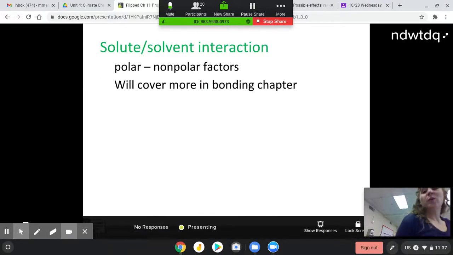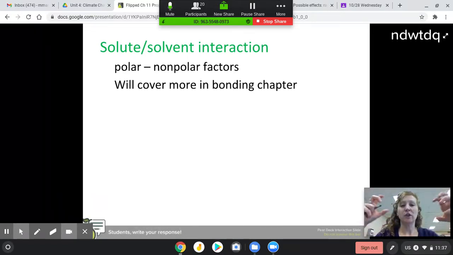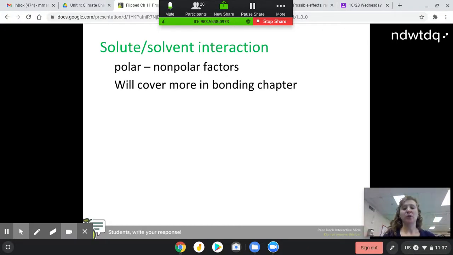Okay. So if we kind of focus in on this solute-solvent interaction, what we come to in looking at solute and solvent and will they interact, this we look at in terms of polarity. So polar versus nonpolar, and how do those molecules affect each other? Now, we looked at this a little bit last chapter.